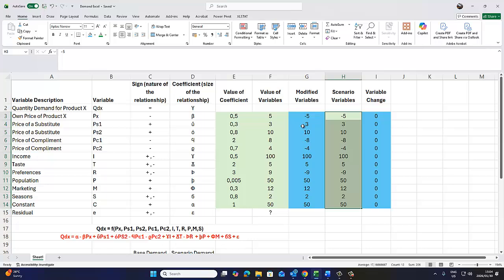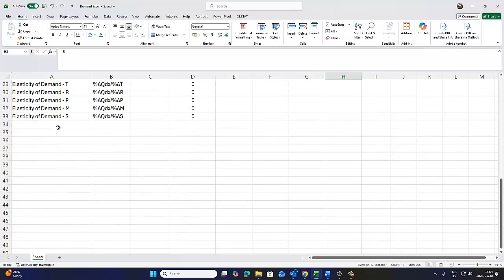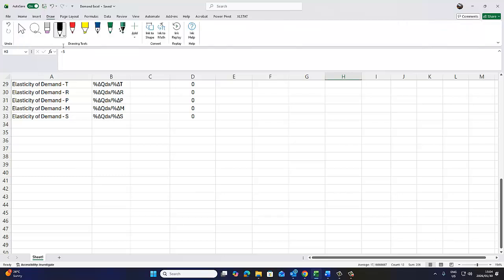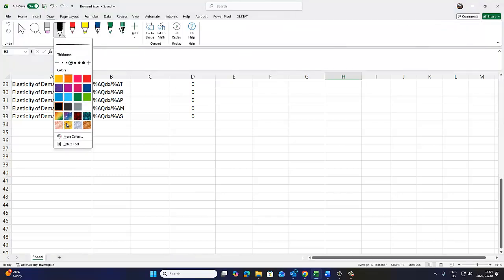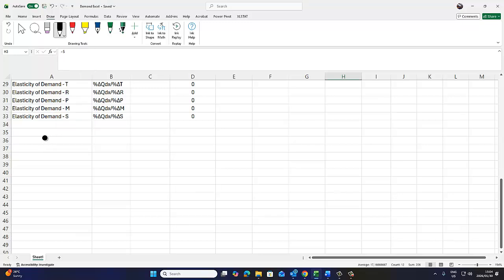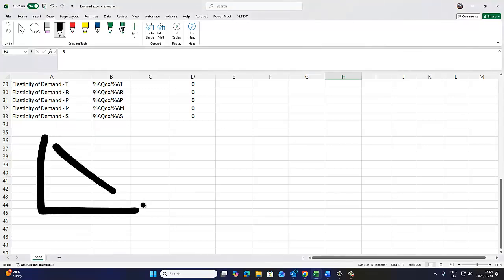Okay, so that's what we're going to do in the next video tutorial, a demand and supply. So basically what we want to do is generate our demand function.